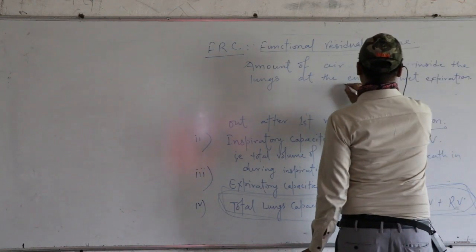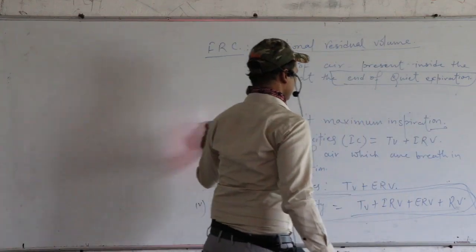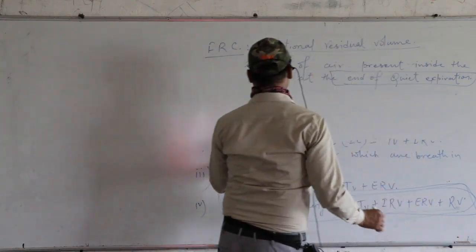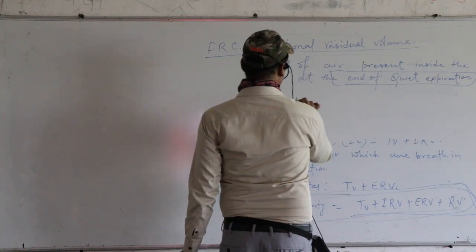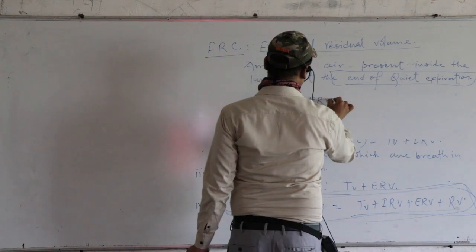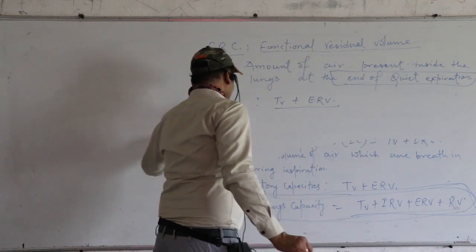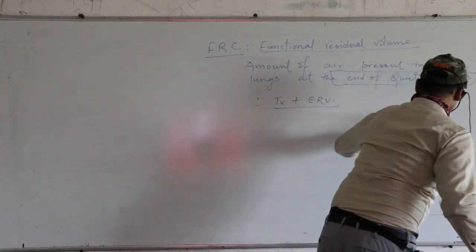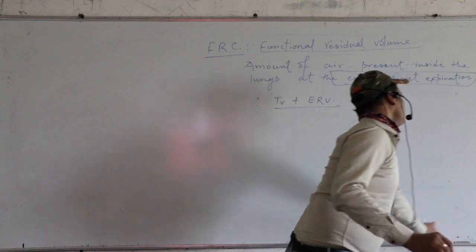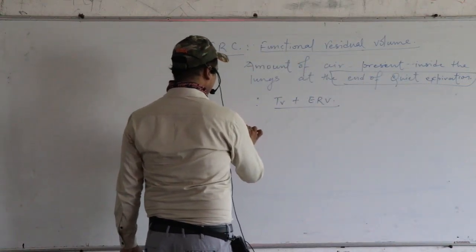That one is important. At the end of quiet expiration, and its volume is ERV plus RV.